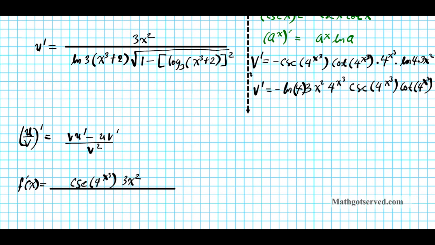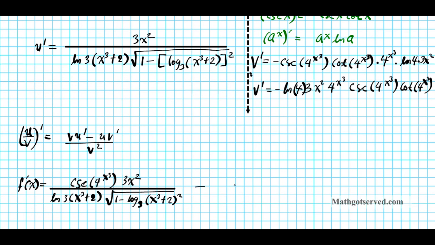So it's going to be over the natural logarithm of 3 times x to the third plus 2 times the square root of 1 minus log base 3 of x to the third plus 2 squared. Okay, so that's v u prime minus u v prime.